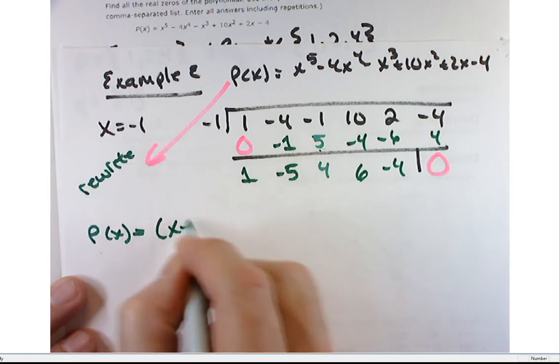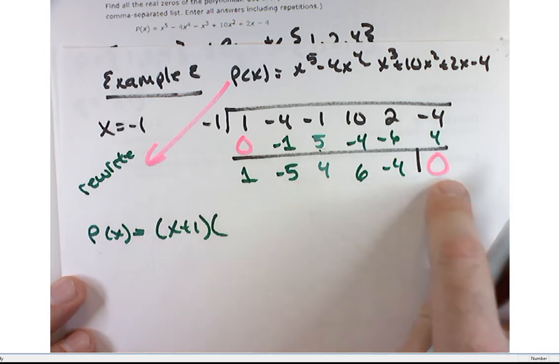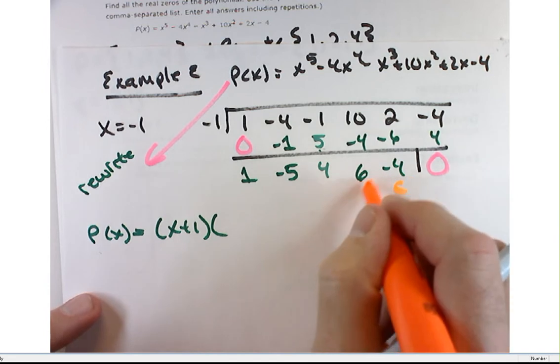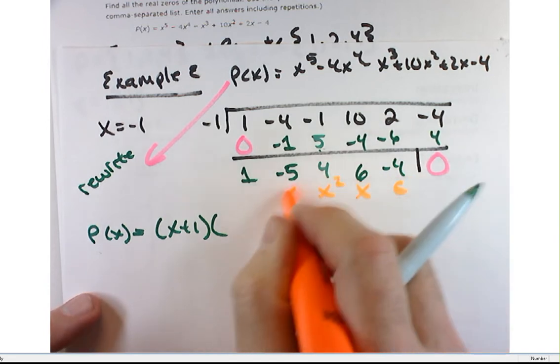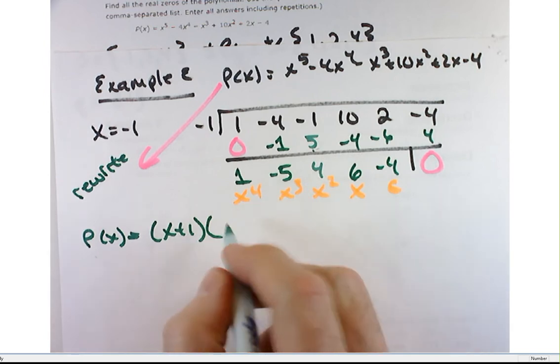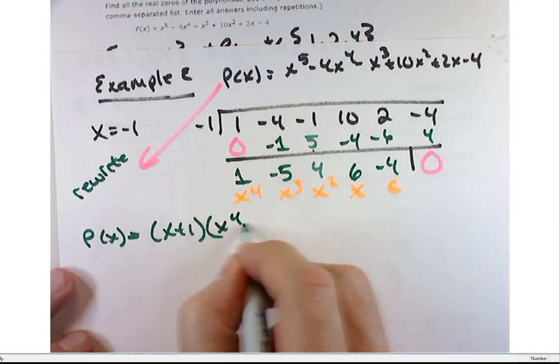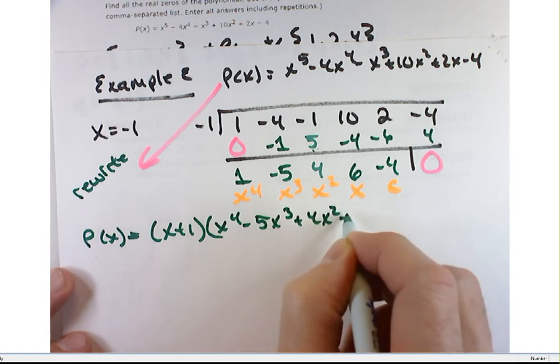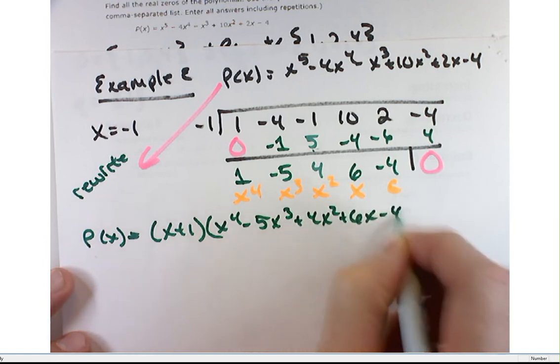X plus 1 times all this stuff. Now remember, that's going to be your constant, your term in x, x squared, x cubed, x to the 4th power. So it's going to be x to the 4th minus 5x cubed plus 4x squared plus 6x minus 4.